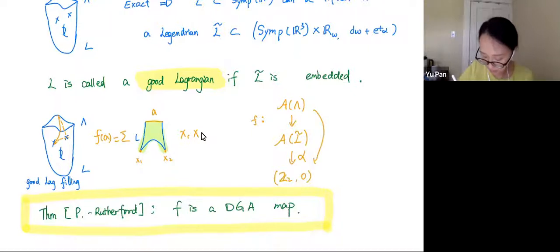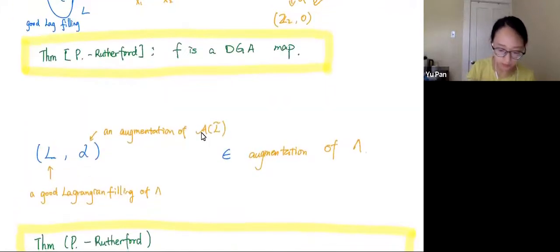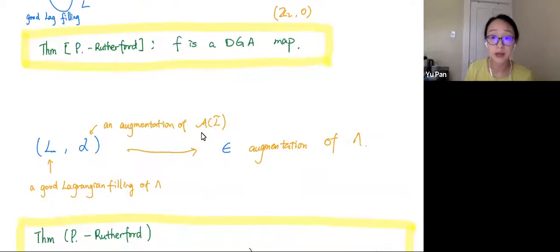We can compose it together and get a DGA map from the DGA of lambda to the DGA of the ground field, which is an augmentation of lambda. So in summary, given a good Lagrangian filling and an augmentation of the filling, we can get an augmentation of lambda.